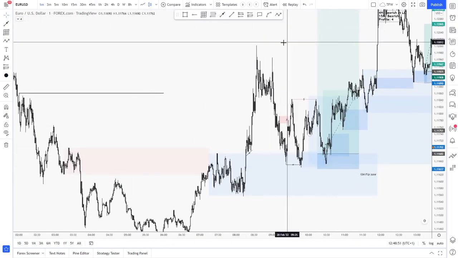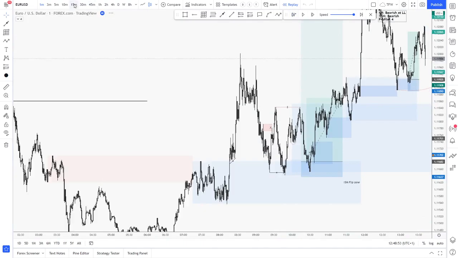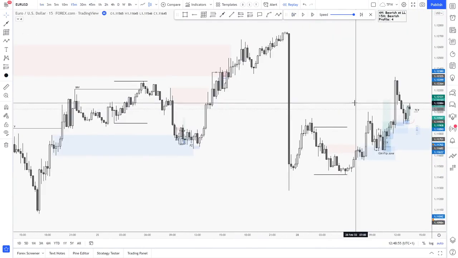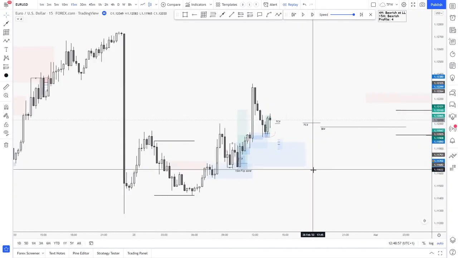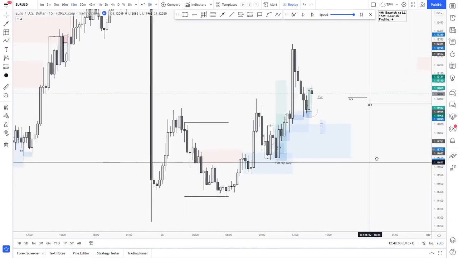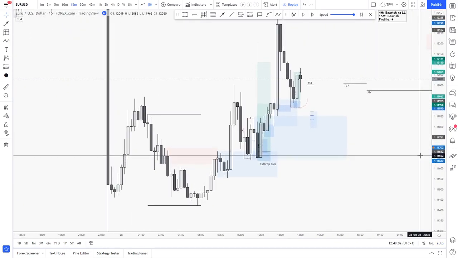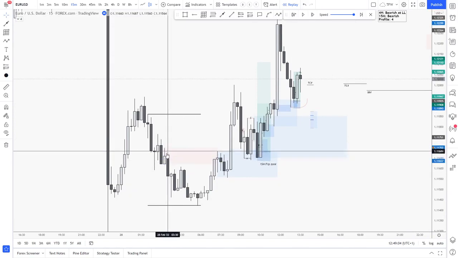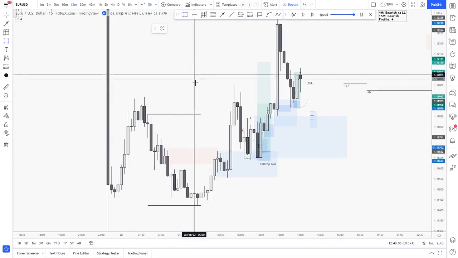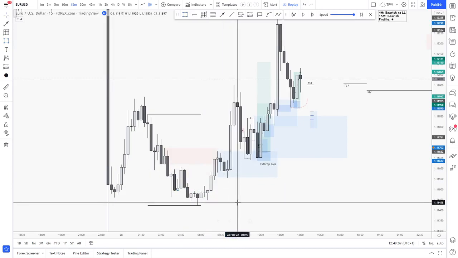This is a flip zone on the 15-minute. So let me show you, just going through some trades with you. Where is it? Yeah, so it's not the best, but again, we have supply right there, right? You can, of course, debate with me that the actual supply is right there, right?